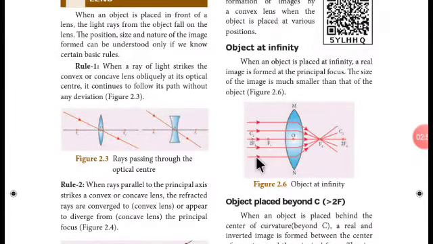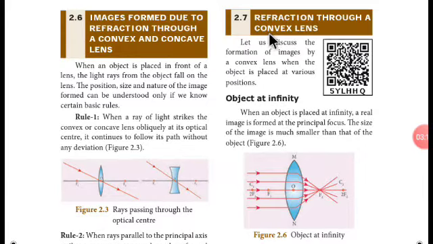All these six topics come under the convex lens, and for concave lenses I guess we will have only two subtopics. From your exam point of view, you must remember and know how to draw these lens diagrams and some explanations based on this topic.